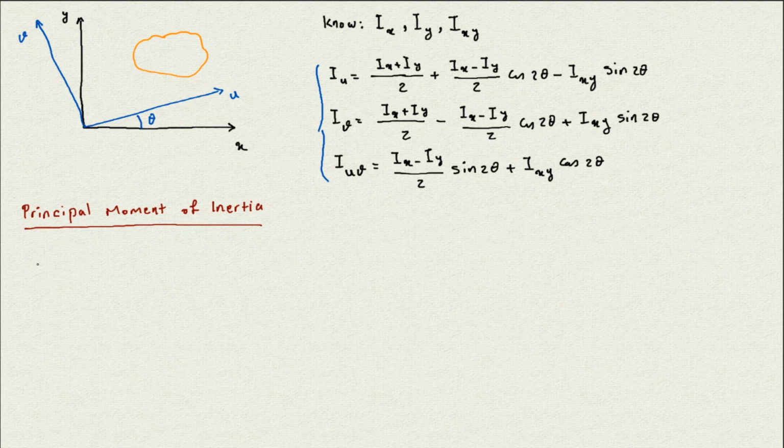Those axes are the axes that satisfy this equation: tangent 2 theta is equal to negative Ixy divided by (Ix minus Iy) divided by 2.